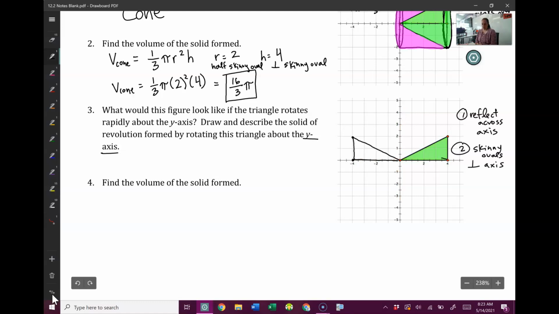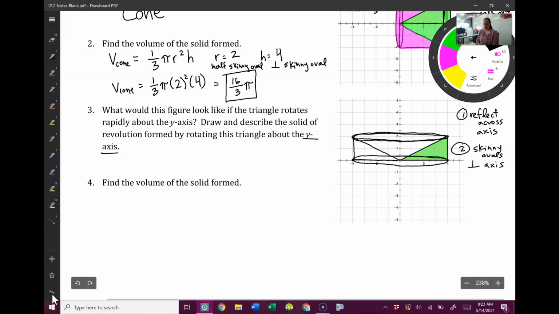So any big lines that are perpendicular to the axis you're doing, that's where you do your skinny ovals. And to help visualize this, I can also do it up here too. So hopefully you're already starting to see that this is going to be a stadium shape.